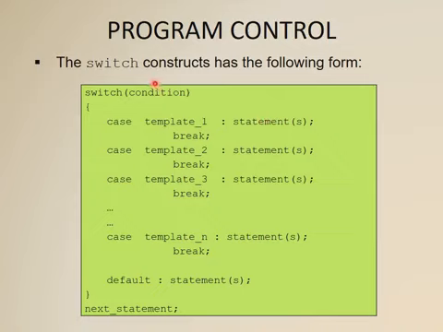If it is not matched, then the second template will be compared and its statement will be executed and then break. In such a way we can write n number of cases that can match this condition, and we have the break statement after each case statement.